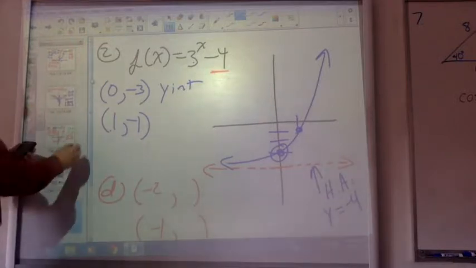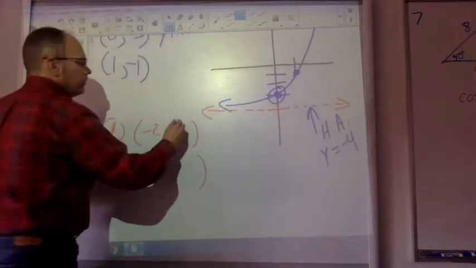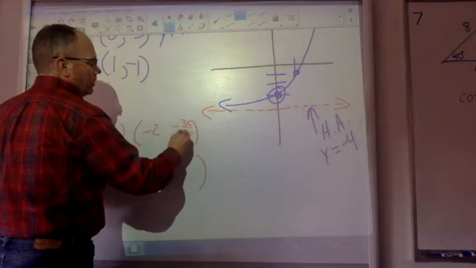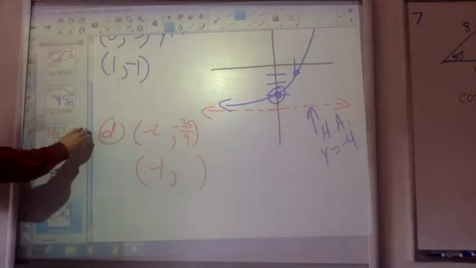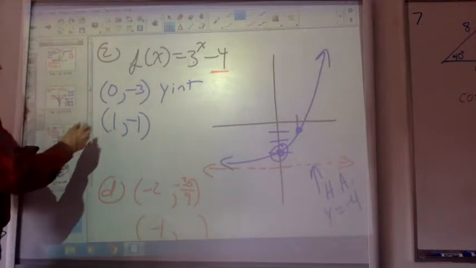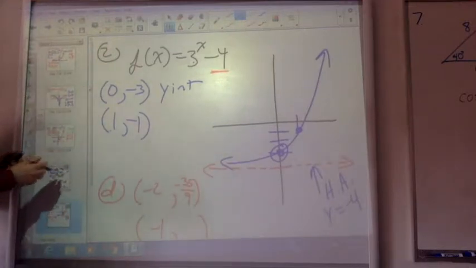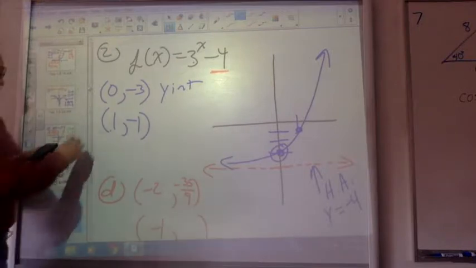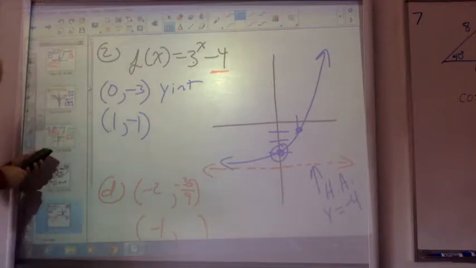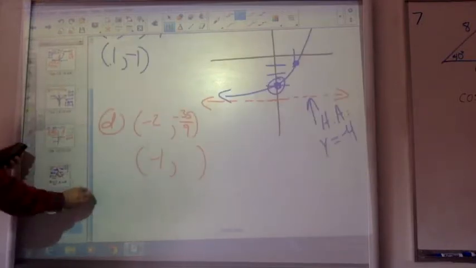That's negative 35 over 9 if you leave it as a fraction. And then if I plug negative 1 in, that is 1/3 minus 4. It's negative 11/3.